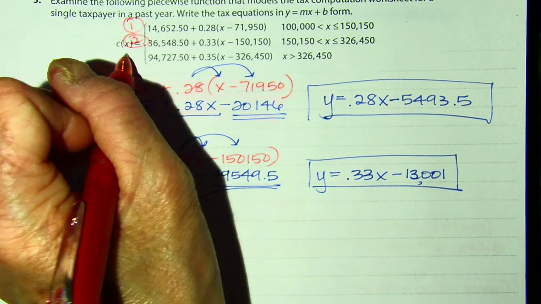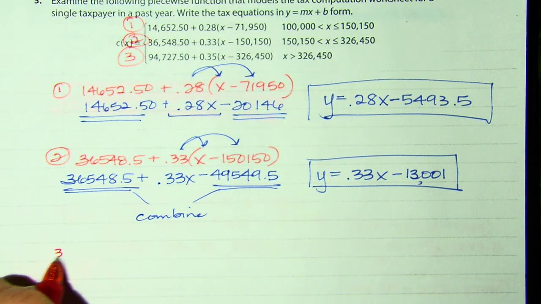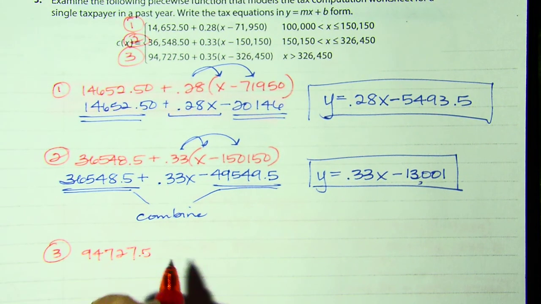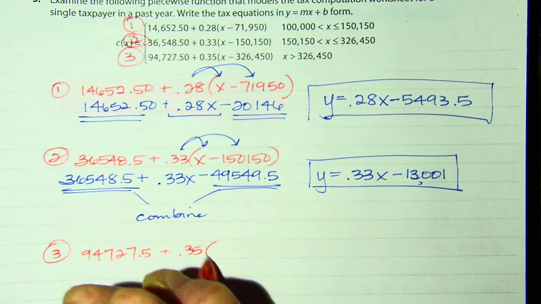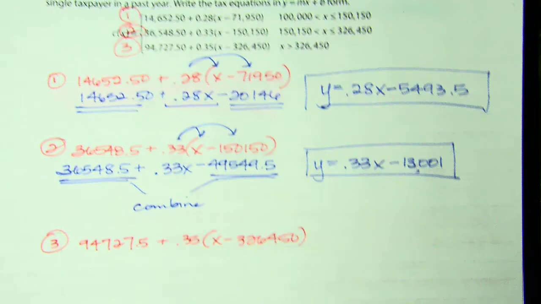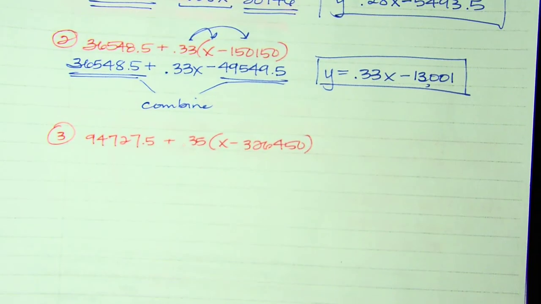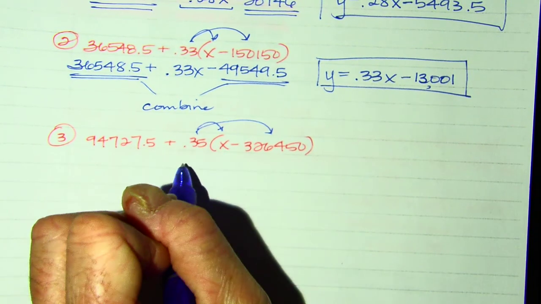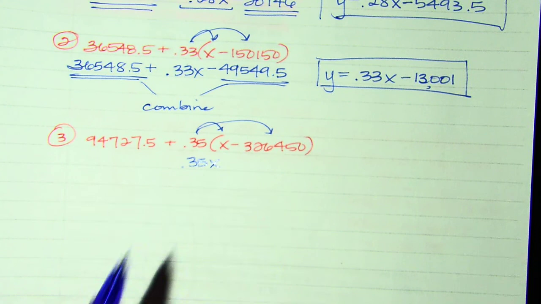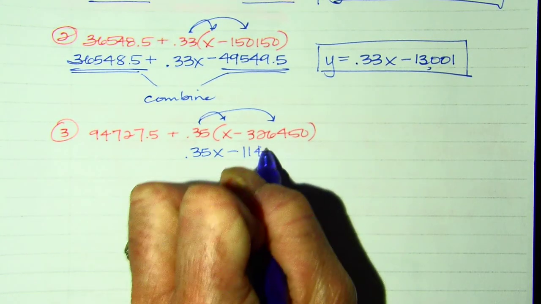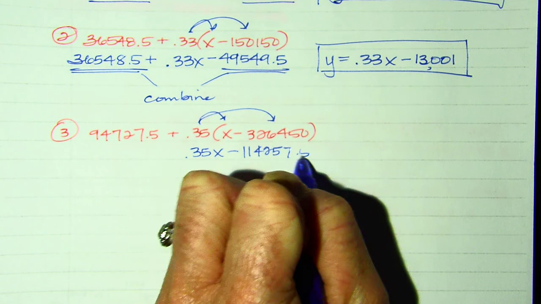Last one. So 94,727.5 plus 0.35 x minus 326,450. So let's make sure we distribute. So 0.35x. 0.35 times the 326,450 is negative 114,257.50.